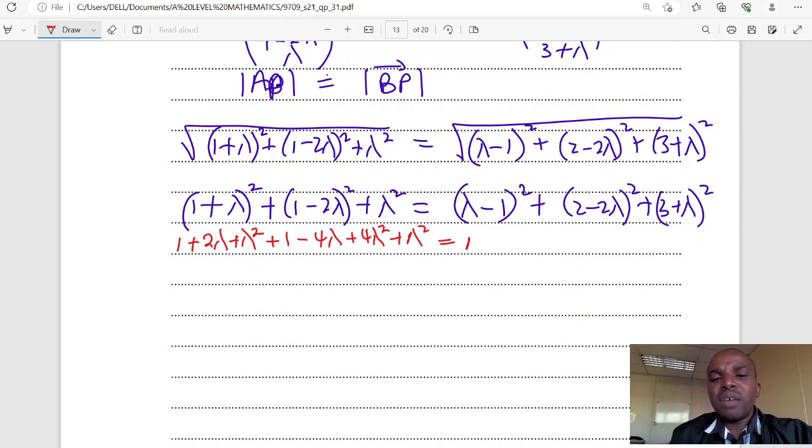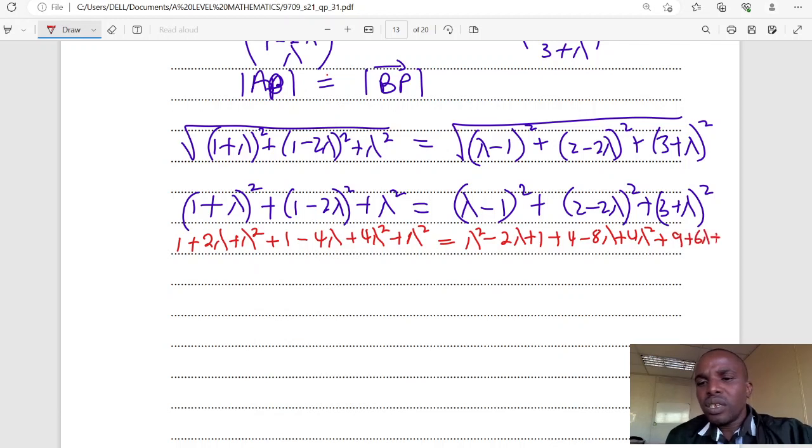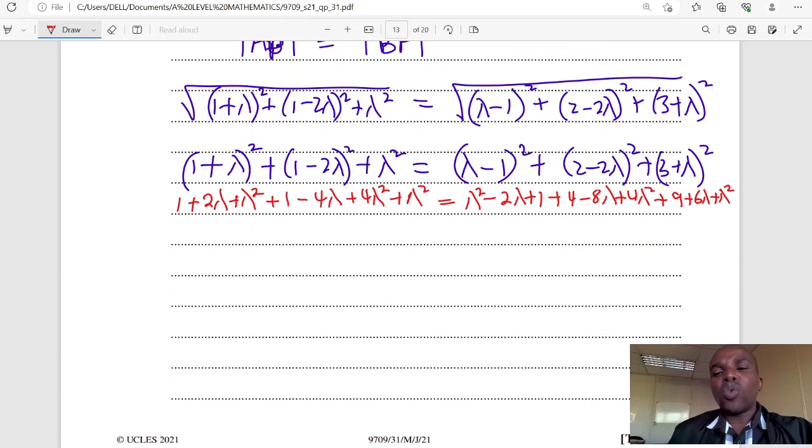Then on this side, it's lambda squared minus 2 lambda plus 1. Then plus 4 minus 8 lambda plus 4 lambda squared. Then plus, this side will be 9 plus 6 lambda plus lambda squared. Now you have to collect like terms.